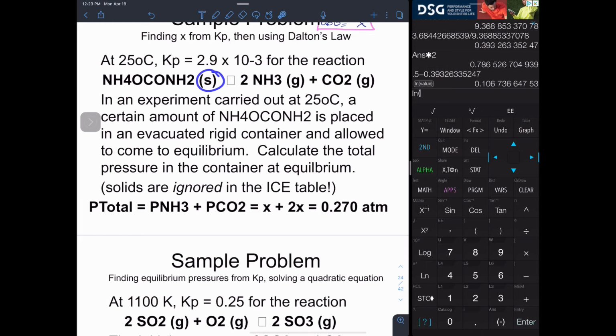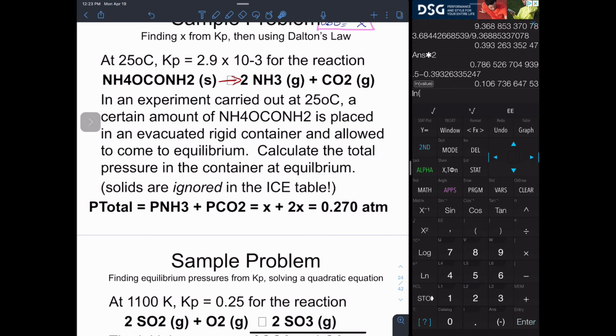Oh, be careful. We actually have a solid this time, which means it will not be written in the equilibrium expression. In an experiment carried out, a certain amount of reactant is placed in an evacuated container, so that means there was no product in there, and allowed to come to equilibrium. Calculate the total pressure in the container at equilibrium.